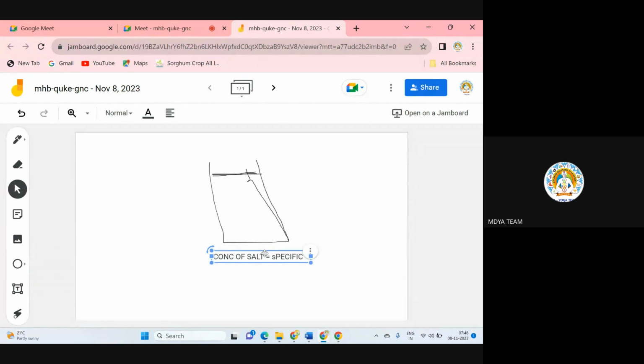So if we try to understand our whole body as a glass of water, in this glass some water is there and some salt is mixed with this water.